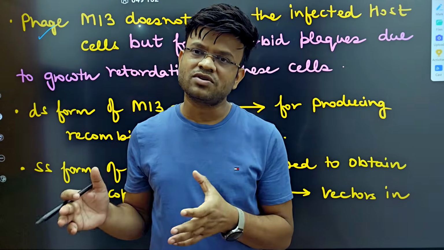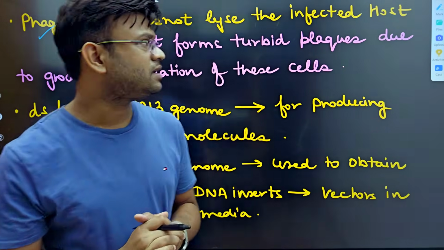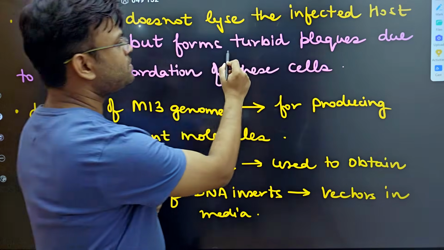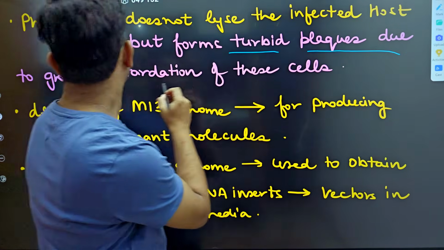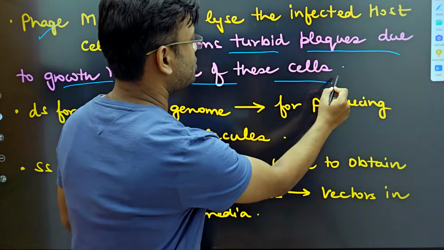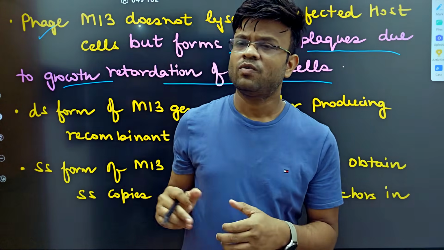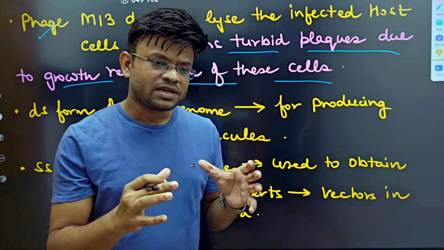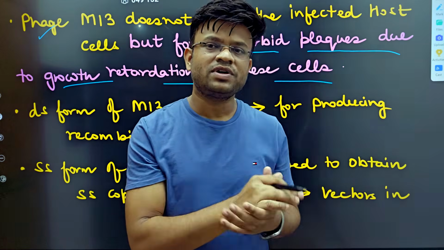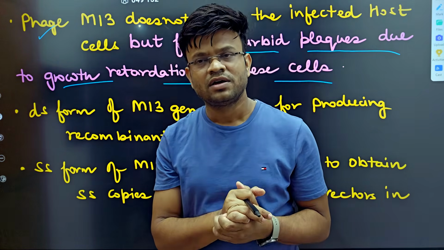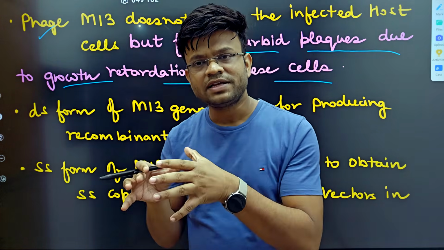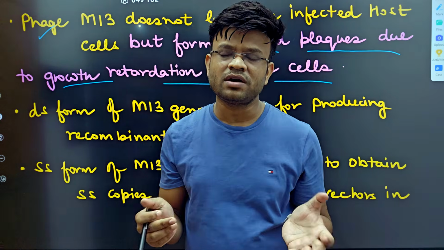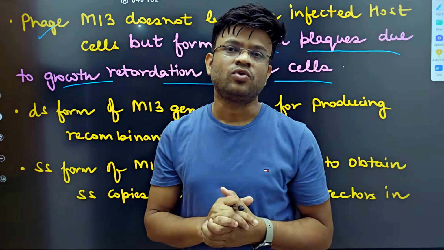So M13 phage does not cause lysis of the bacteria but forms turbid plaques due to growth retardation of these cells. Now what happens is, the bacterial cells inside which the M13 phage has caused infection will encounter a decrease in growth.